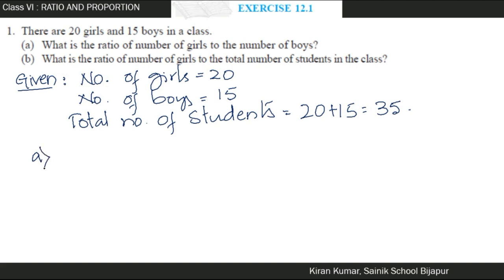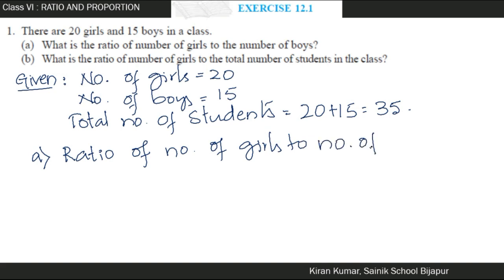In the first one, they have asked the ratio of the number of girls to the number of boys. This will be equal to 20 upon 15. We can further simplify: 5 fours are 20, 5 threes are 15. So the ratio is 4:3 or 4/3.